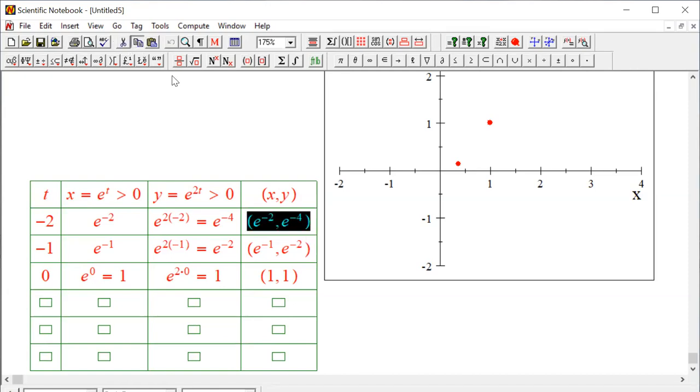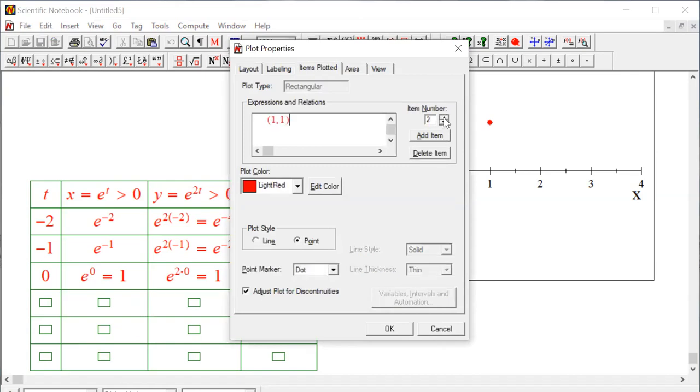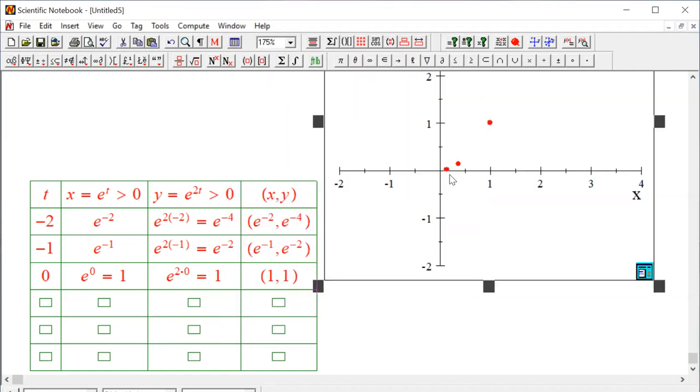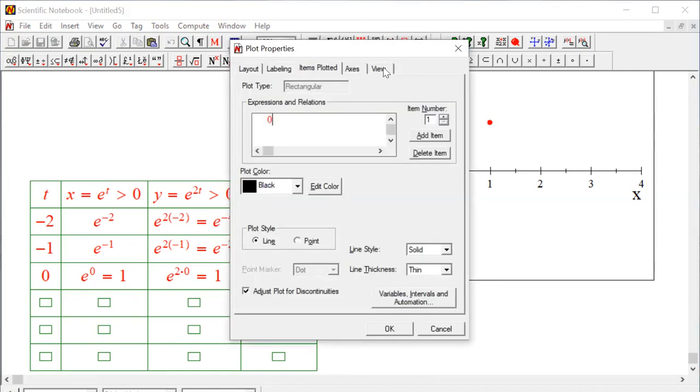And this point is going to be even closer to the origin. But you can see that we will never equal 0. So this 0 is something we will never touch.